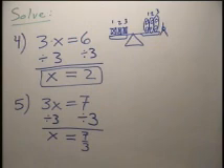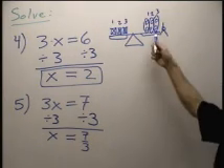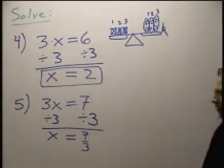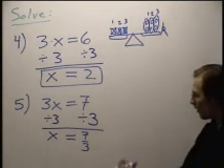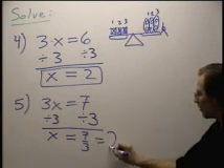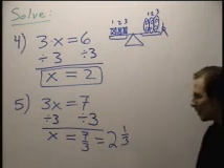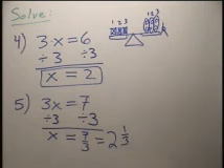Not a whole number, but that's okay. We don't always get whole number answers in mathematics. And we said that it had to be equal to 2 1/3. Well, if you convert this into a mixed number, 3 goes into 7 2 times with 1 left over. So this is, in fact, equal to 2 1/3.